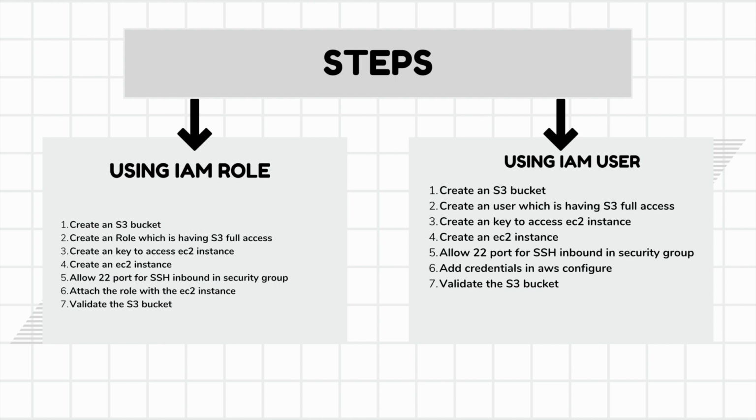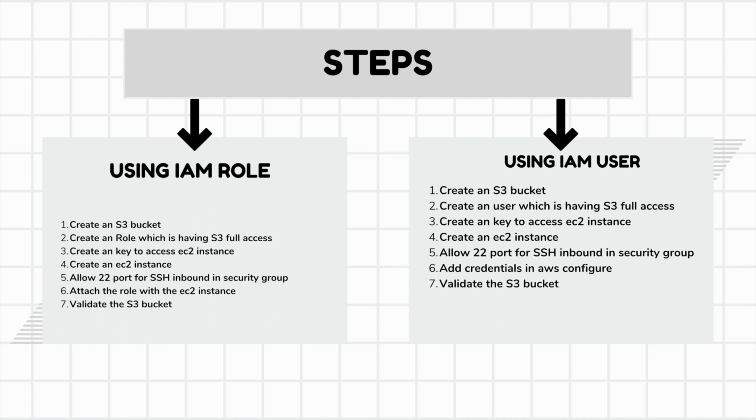In the other way, we will create a user and provide S3 full access to that particular user, so the user itself can access the S3 bucket. So these are the different ways.